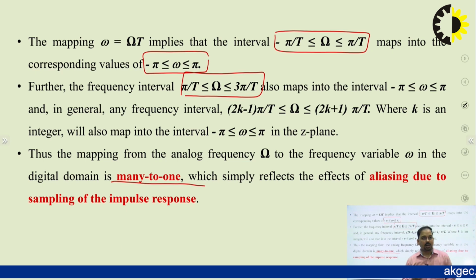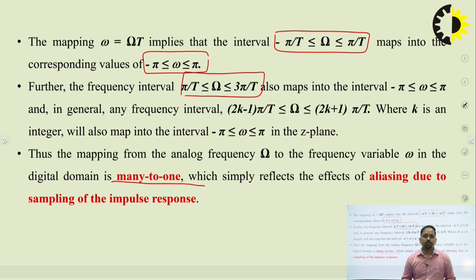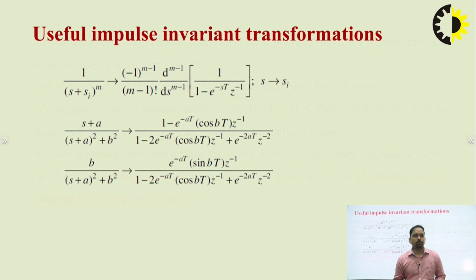Aliasing is highly intolerable because several frequencies are superimposed on each other, which will definitely create problems. So this is a drawback of this particular method. Regarding stability there is no issue, but regarding frequencies there will be some issue.